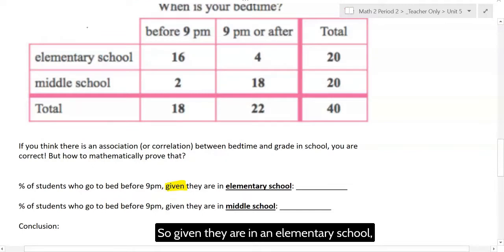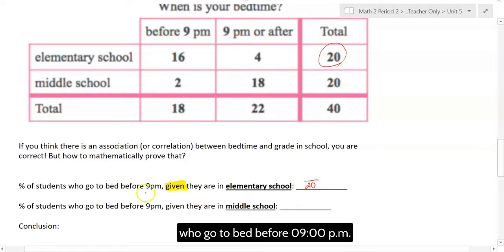So given they are in elementary school means that our denominator is 20, the total number of people in elementary school. We want the percentage of students who go to bed before 9 p.m. So we have 16 out of 20.